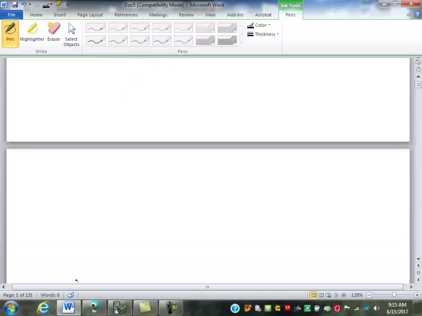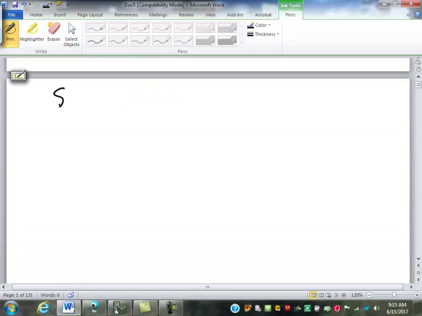Different from that, though, we might be given the command to simplify. And simplify means combine what you can combine, but you're probably not going to get it down to a single answer.